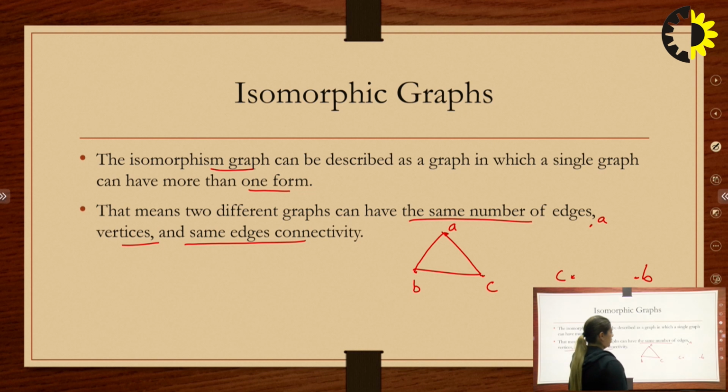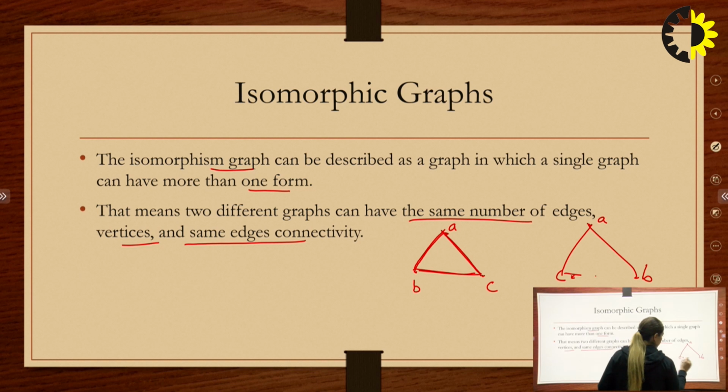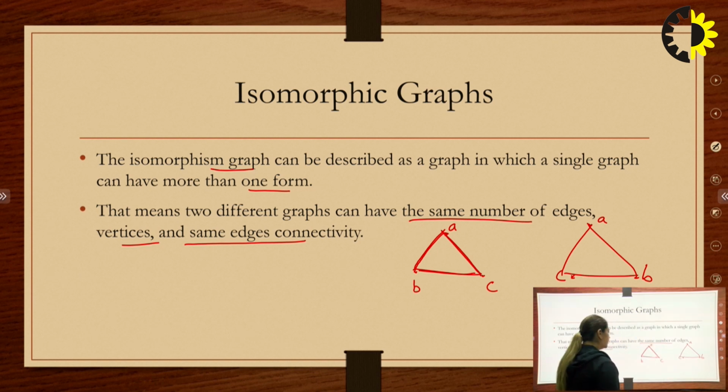Again, there is a relation between A to B, then we can make A to B. Relation between A to C, A to C. Relation between C to B, then C to B again. This can be drawn like this also.